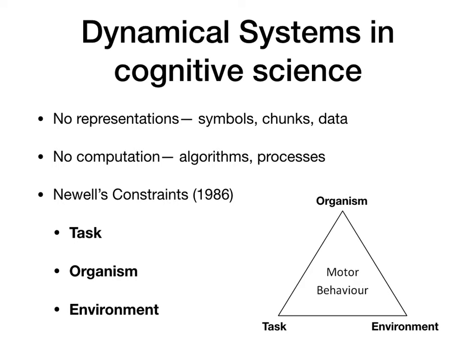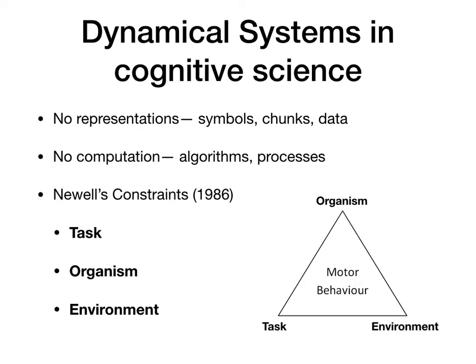We don't talk about symbols or chunks or even data, and we're not talking about algorithms or processes. What we're talking about is things that are observable inside three different categories: things observable within the environment, things observable within the organism itself, so our bodies and ourselves, and things observable at the task state.